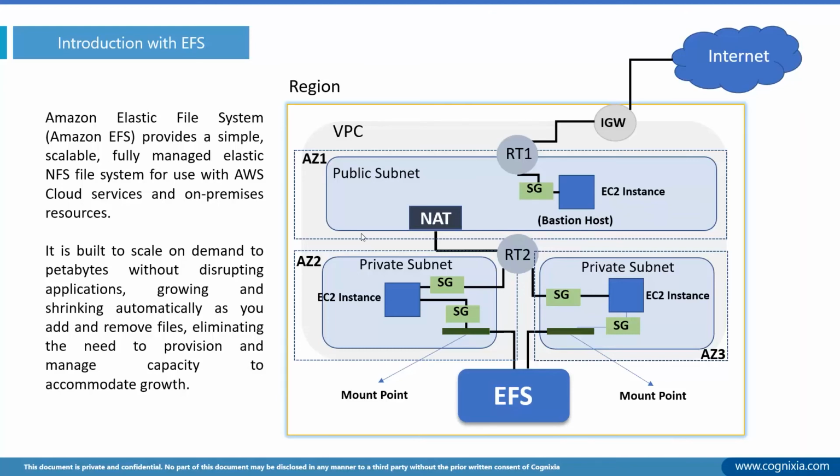Means you can compare this EFS with on-premises NAS, network attached storage, in your physical data center, and you would usually see it in your corporate network. It is very simple. It provides a common storage for all instances running in your VPC.